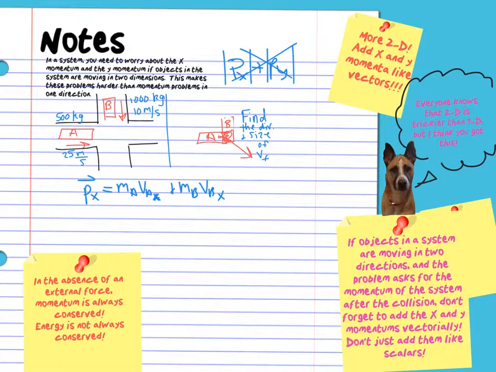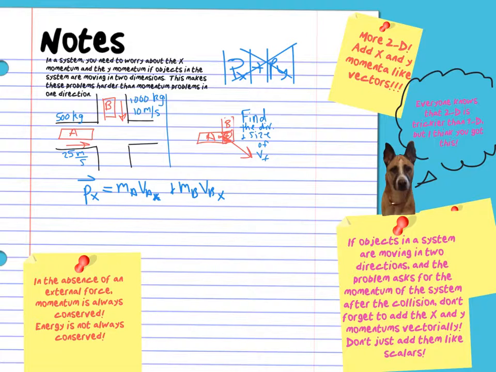VAX just means the velocity of A in the x direction and VBX the velocity of B in the x direction, because these two quantities give us the total initial momentum in the x direction.